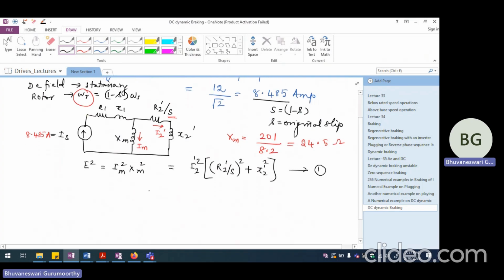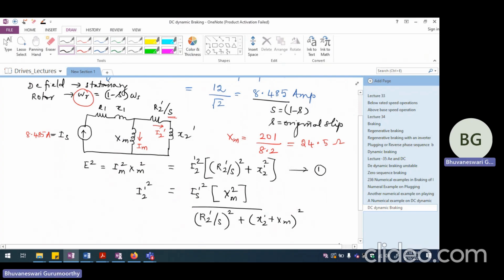By current division rule, I should be able to write, when I take IS into account, if I want to calculate what is I2 dash, I2 dash square will be equal to IS dash square multiplied by whatever is the other impedance, which is XM square divided by the total impedance of the two parallel paths, that is R2 dash by S the whole square plus X2 dash plus XM the whole square.